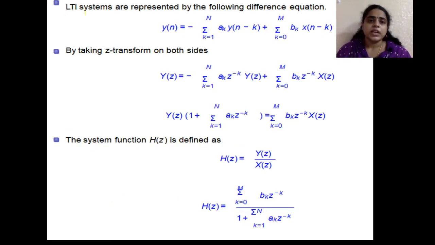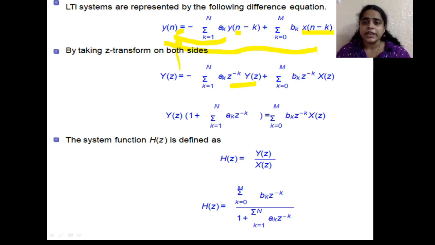Next, realization of FIR systems. So LTI systems are represented by the following difference equation that we have achieved now. Now let us group all the y terms. By first applying the z transform, y of n will become y of z, minus summation k equal to 1 to n ak y of n minus k, whose z transform will be z power minus k into y of z, plus summation k equal to 0 to m bk into z power minus k into x of z.